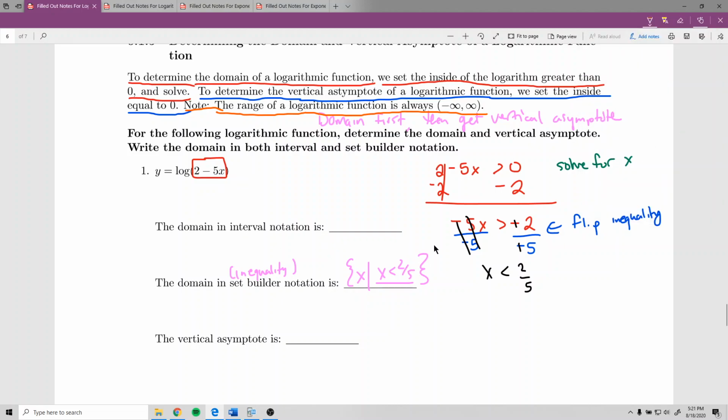Now, if we want interval notation, you can draw a number line, mark off our number here, 2/5, and because it's less than, not equal to, we have an open circle, and to the left, less than is smaller. The interval there starts at negative infinity, nothing stops us from going back, and it goes all the way up till 2/5, and we get a parenthesis because it's an open circle.